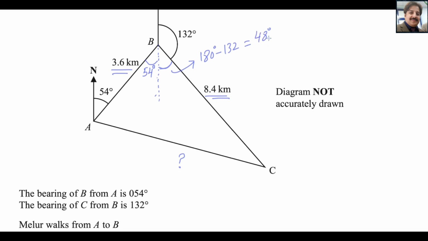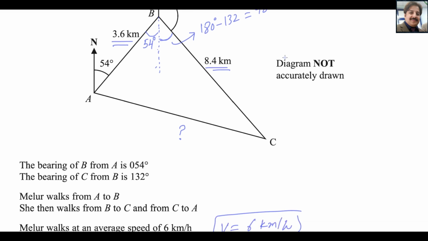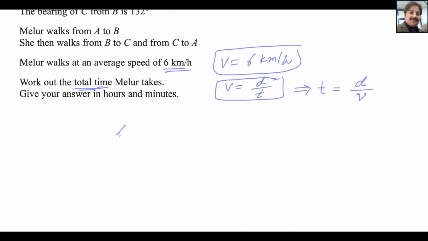Therefore, angle ABC is equal to 54 degrees plus 48, so it will be 102 degrees.